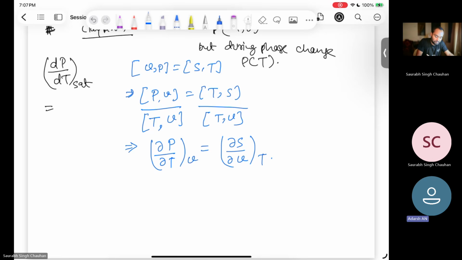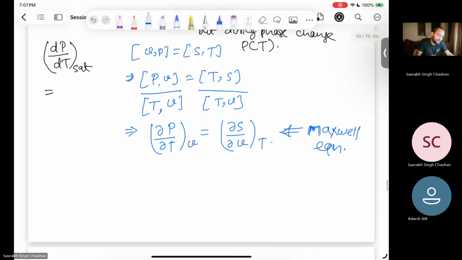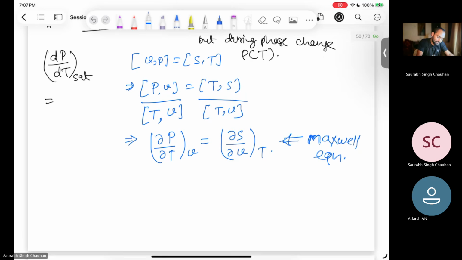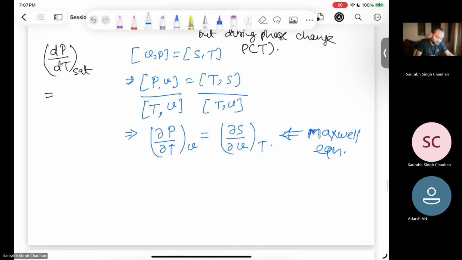Yes, that is correct. This is one of the Maxwell equations. So that's what I was saying in the beginning: which Maxwell equation we want to use becomes automatically clear if we write our expression in this particular form.